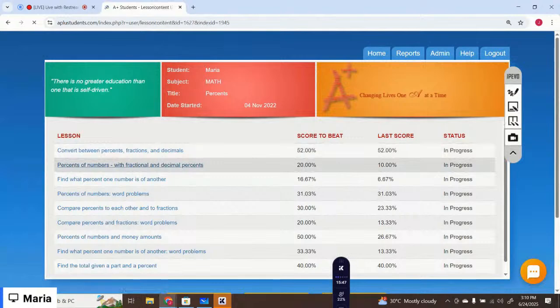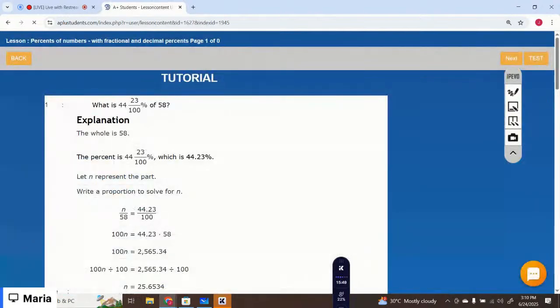Percents of numbers with fractional and decimal percents. What is 44 and 23 over 100 percent of 58?